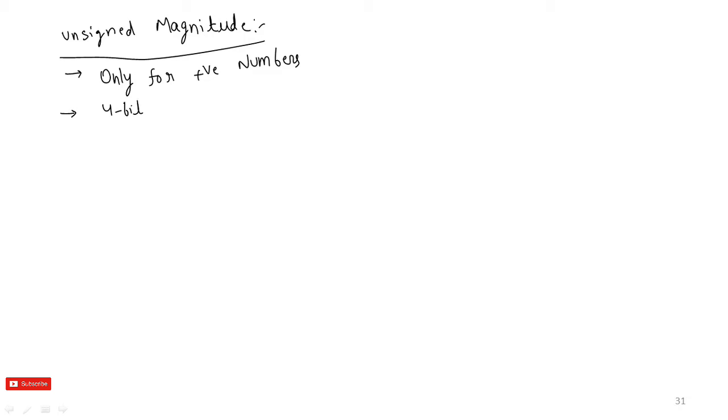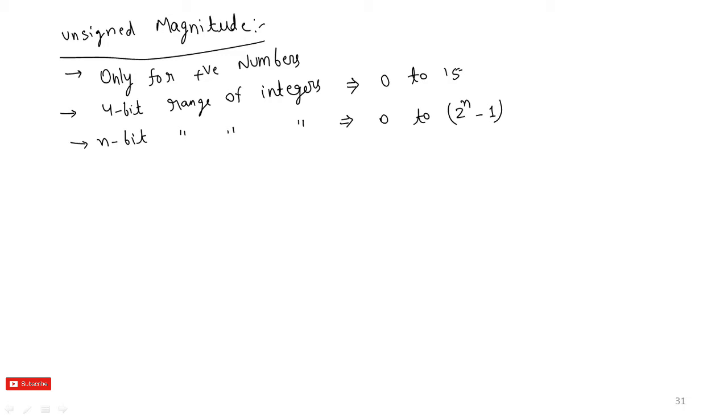With 4 bits, the range of integers is 0 to 15, and for an n-bit integer, the range of integers is 0 to 2 to the power n minus 1. So this is the range in unsigned magnitude.